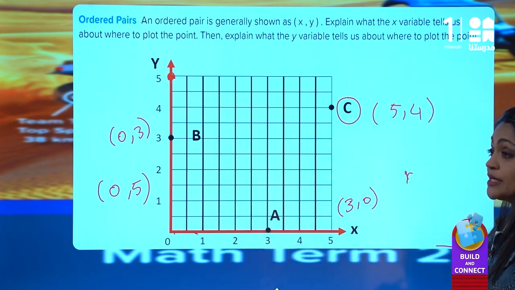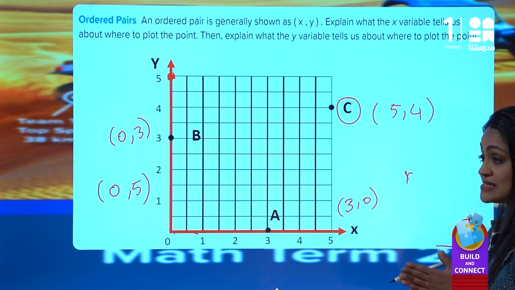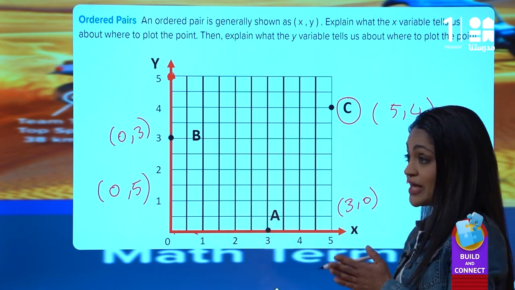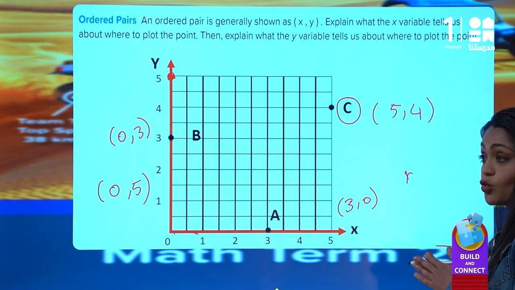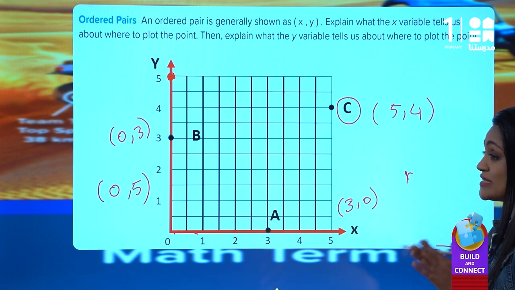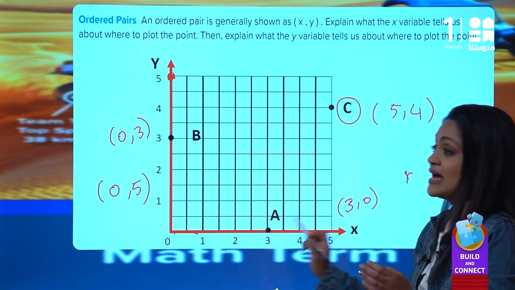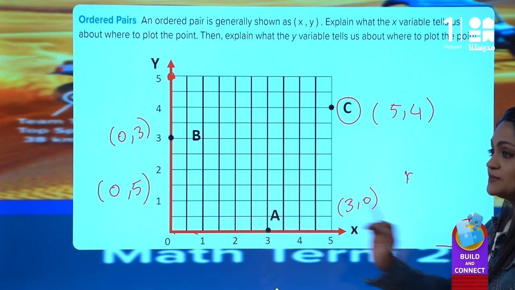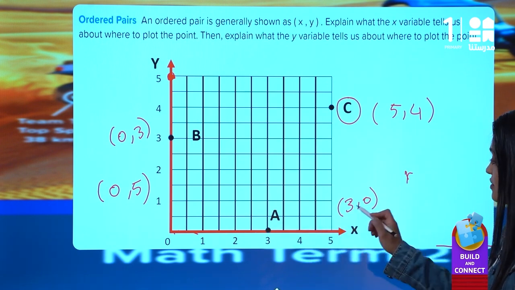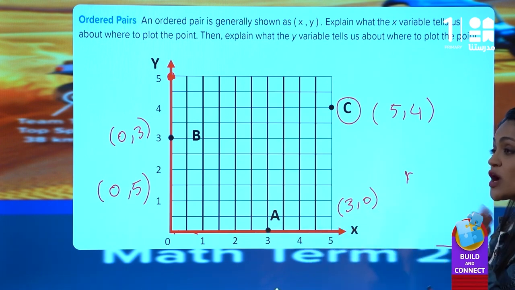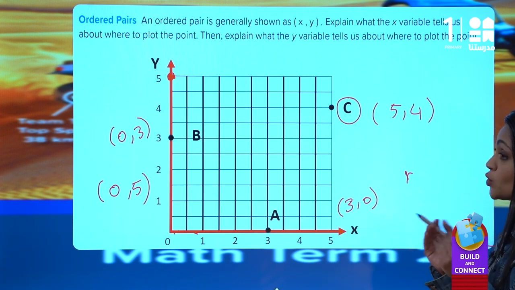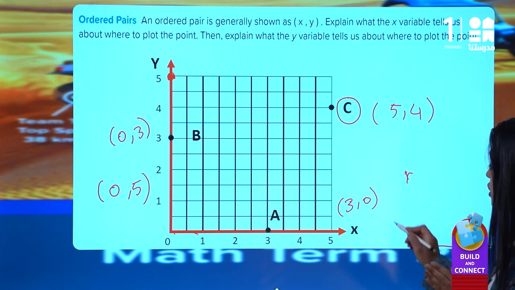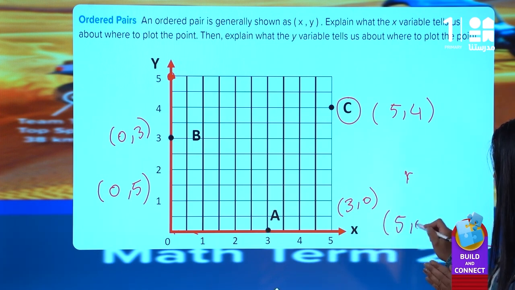And when the ordered pair has 0 as the y coordinate, that means this point is located exactly on the x-axis, like point A, with ordered pair 3 and 0. Also, we tried another point whose y coordinate is 0. Let's say, for example, 5 and 0.